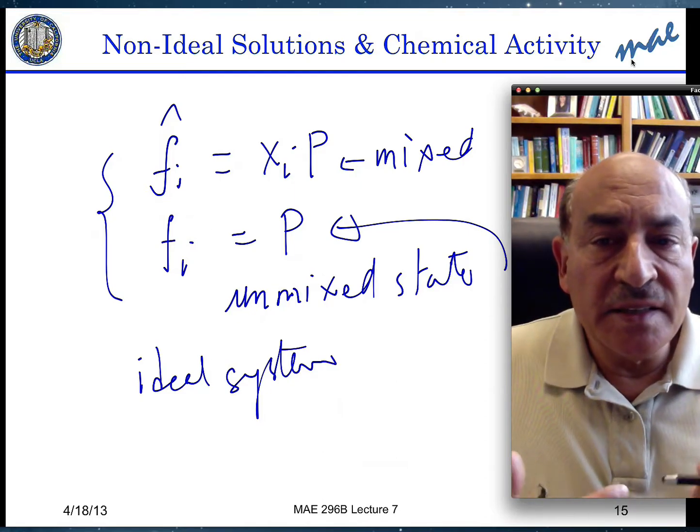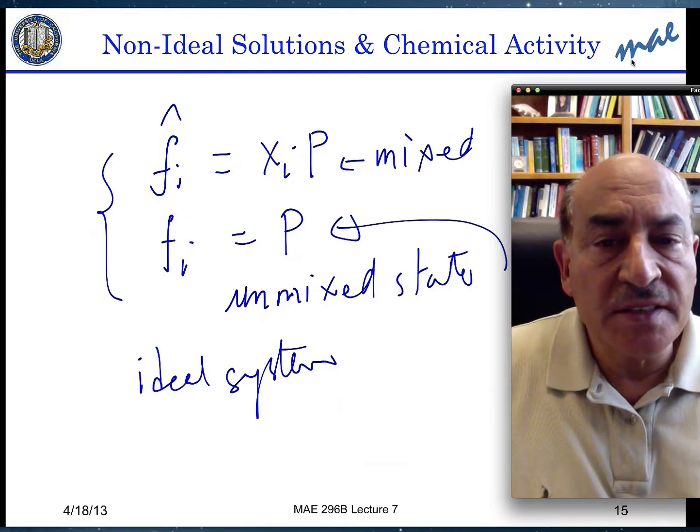So these are the limits of the integration and the fugacity for the ideal system.